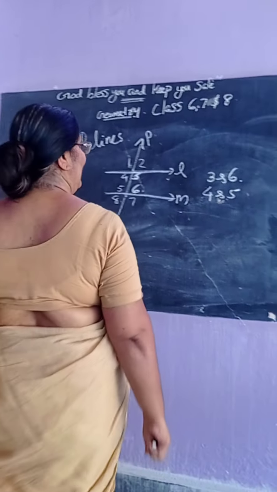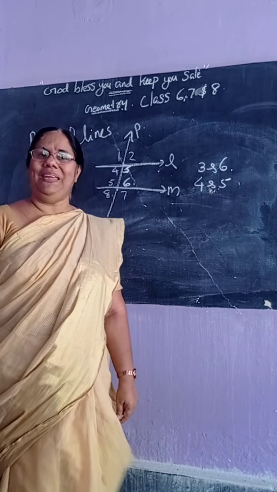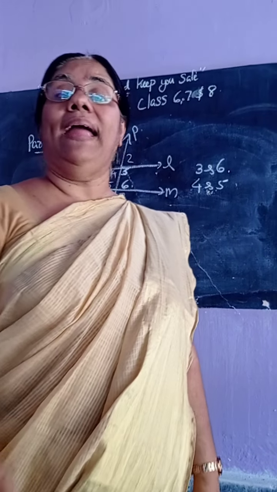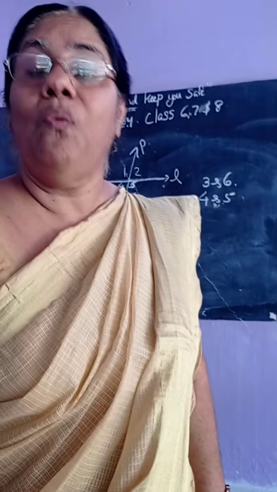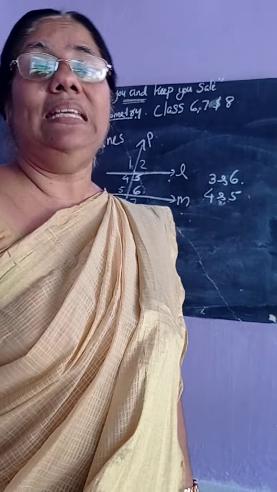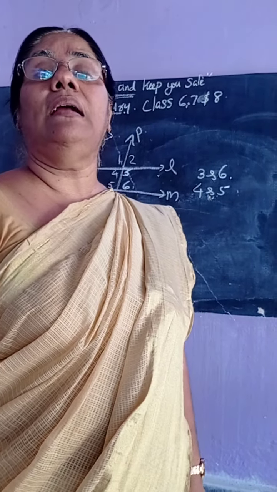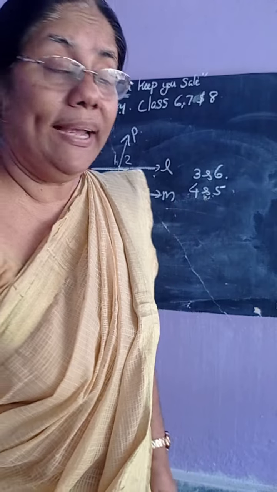Can you say what is the meaning of supplementary? Supplementary means the sum of the two angles is equal to 180. When you add two angles, the sum is 180.